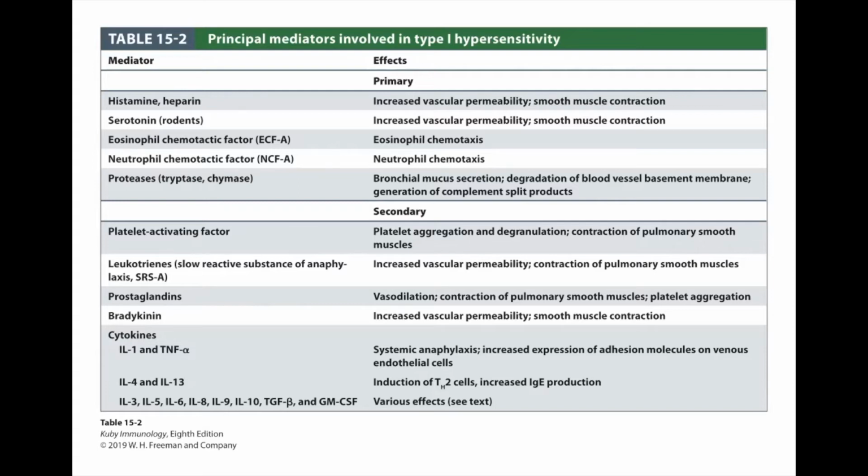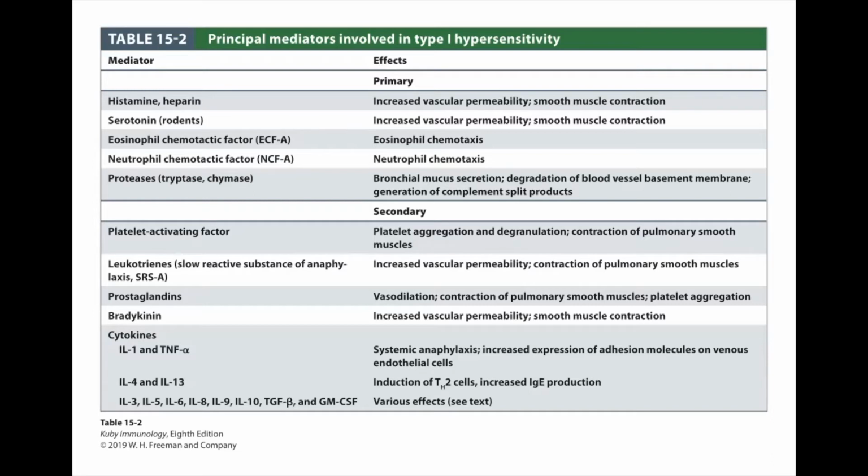So it's more permeable for moving material across, because we want to be able to get cells out to that area. And sometimes what we can see in the gut happening is what's called leaky gut syndrome.